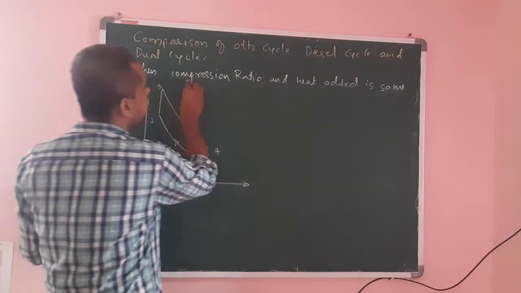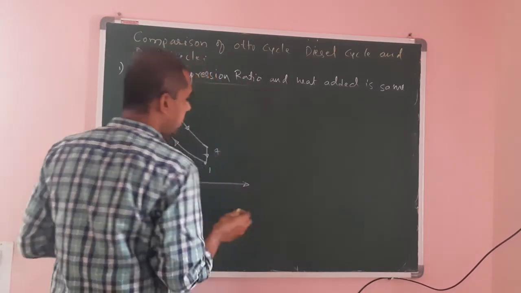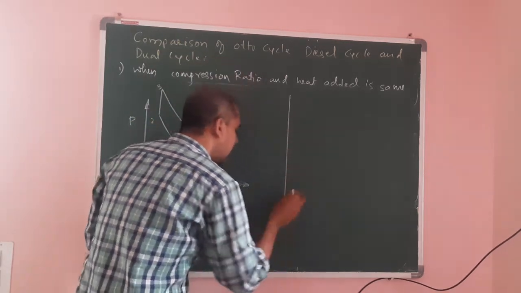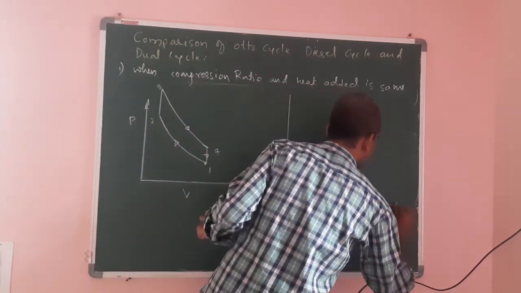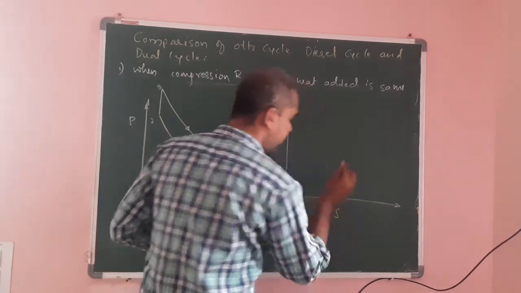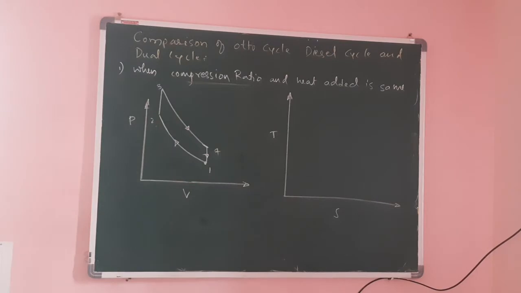They have given that compression ratio is same. I will draw simultaneously its TS diagram. I will draw its temperature entropy diagram also, so that it will be more clear.